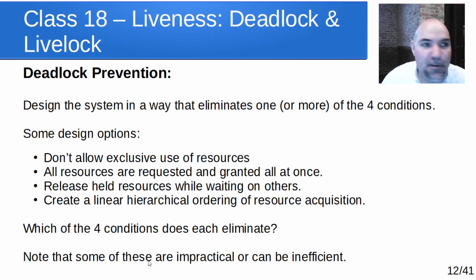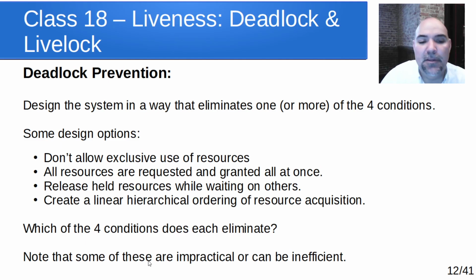You can never have a circular wait because nobody could have the saw and be waiting on the hammer. Same thing could be true for the bank accounts. If you have two bank accounts and they both need to be locked in order to transfer funds, you lock the lowest account number first, and then you do the higher one after that. That would eliminate the problem of a circular wait.